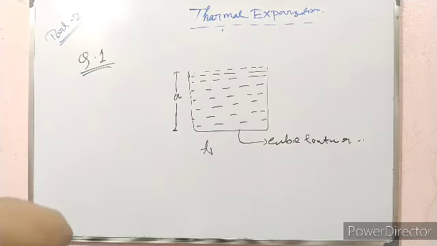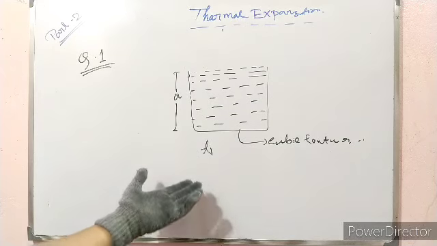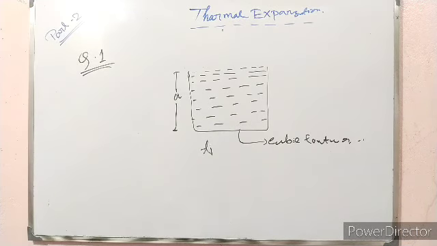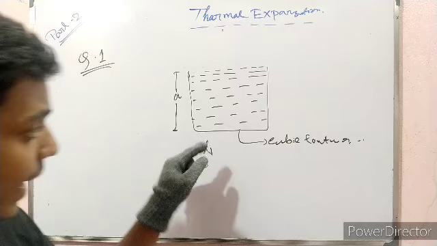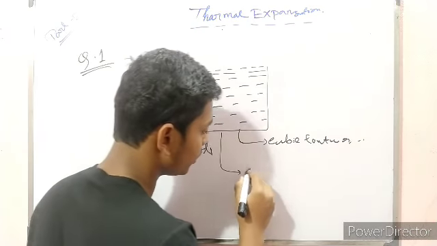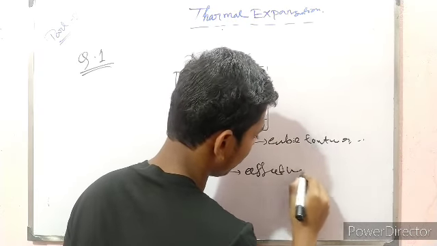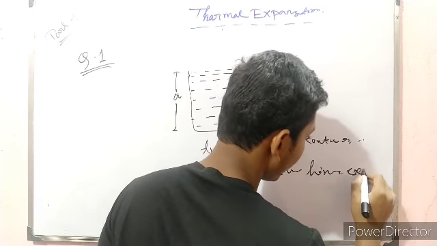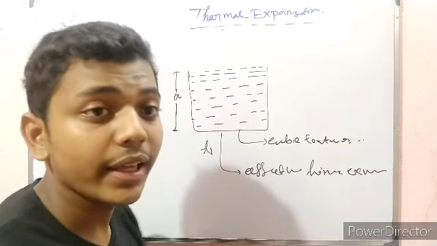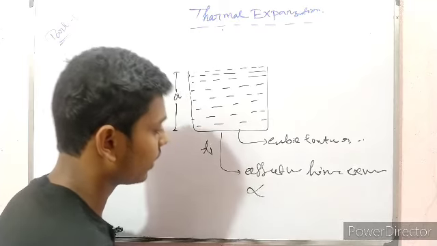This length is a. The temperature is T initial, and the coefficient of linear expansion is alpha.